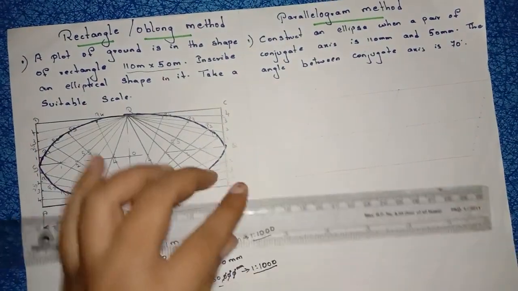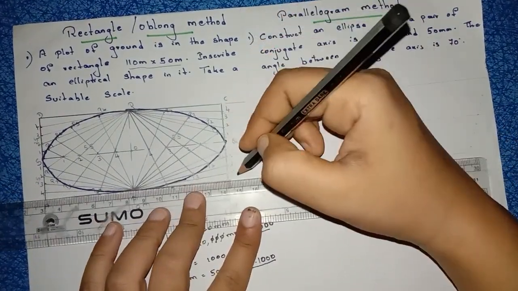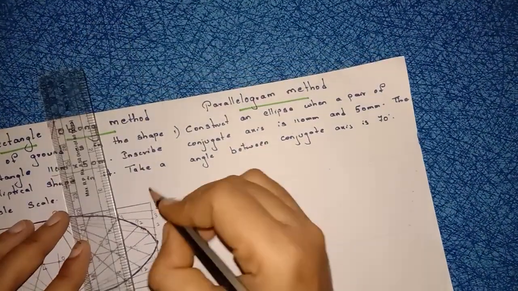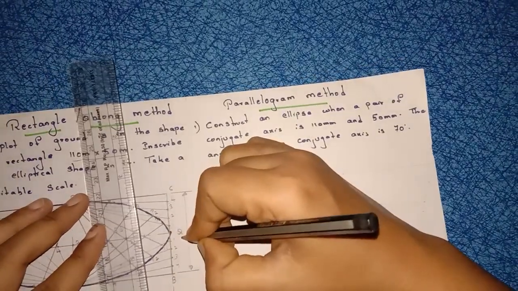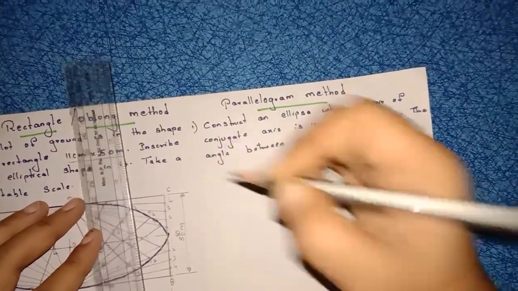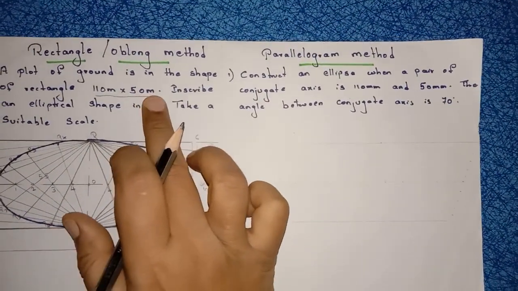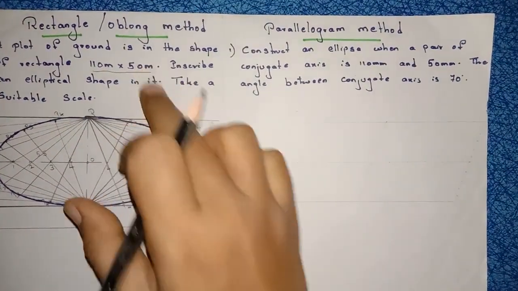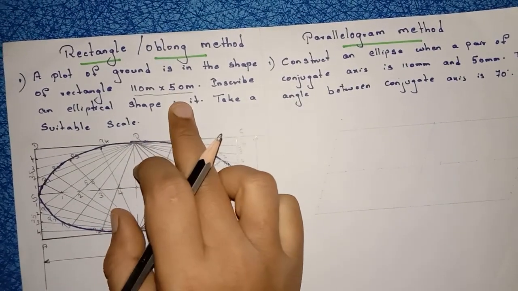Then next is 50 meters, extension line, right? Dimension line, closed and filled arrow marks, 50 meters, right? So whatever they mention in the question, you have to mark the dimensions like that only, 110 meters, 50 meters. Now you see here in the question the dimensions are in meters, right?